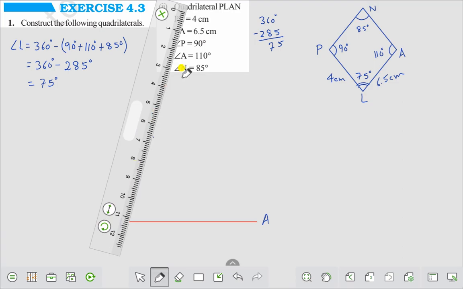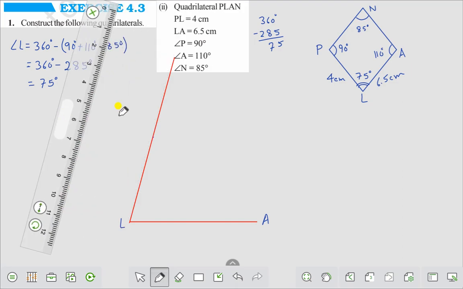Yes, right. This is an angle of 75 degree at point L. You see, this angle is at the point L. This angle is 75 degree.